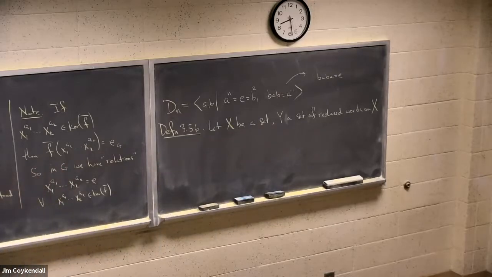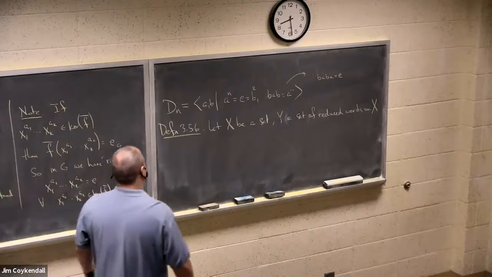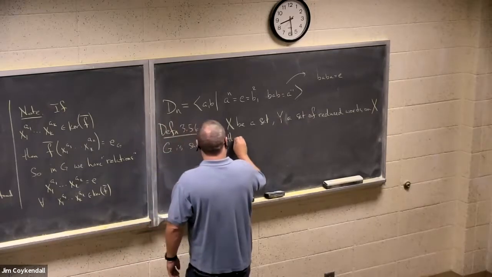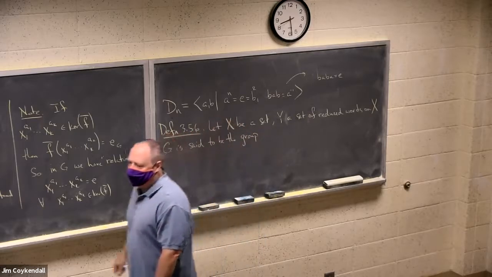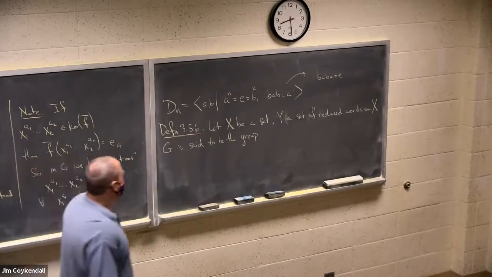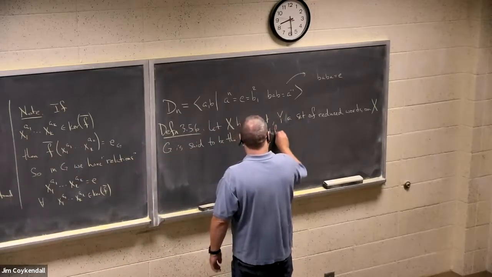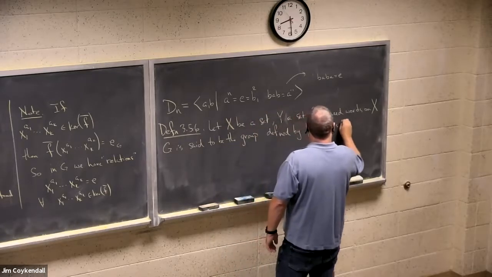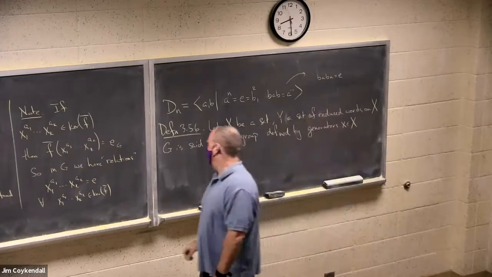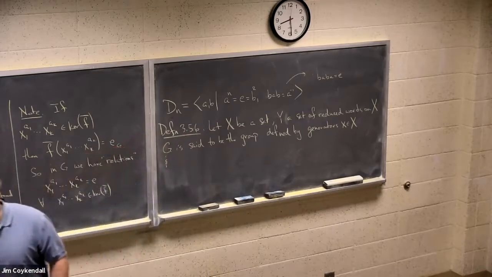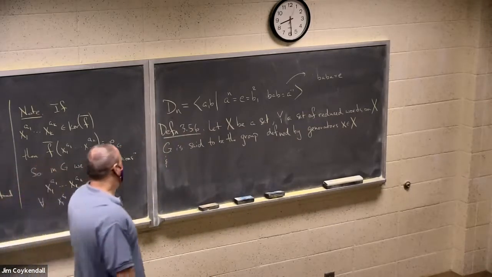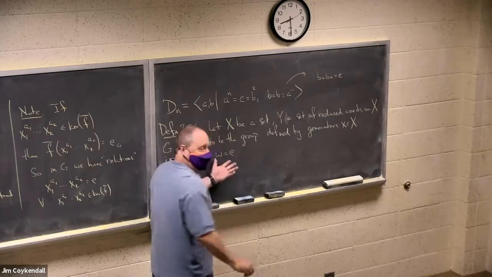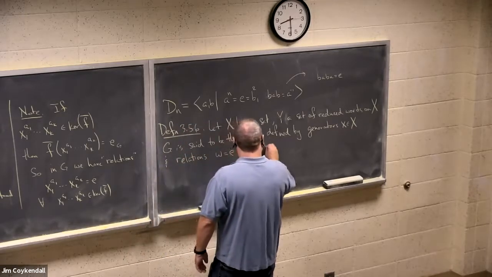G is said to be the group defined by the generators X and relations W, where W is in Y. I write W for word.